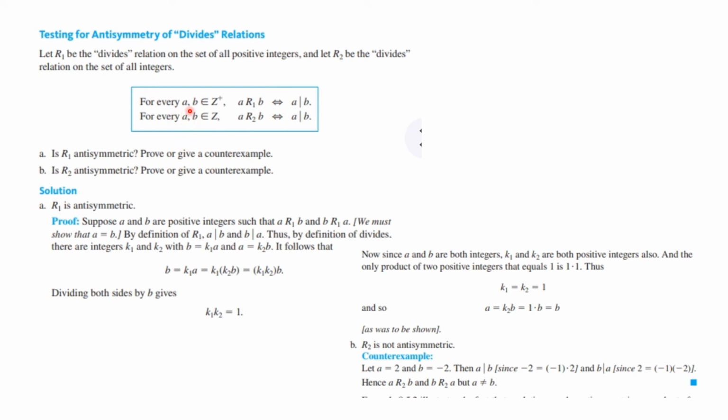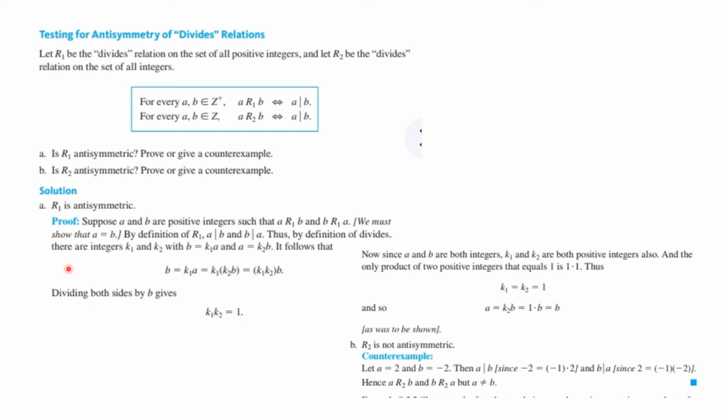For A, B elements of the positive integers, A R1 B means that A divides B. And for every A, B in Z, and that's the negative integers as well, A R2 B implies A divides B. Is this symmetric or anti-symmetric? Prove or give a counterexample, and we're talking about each of these.